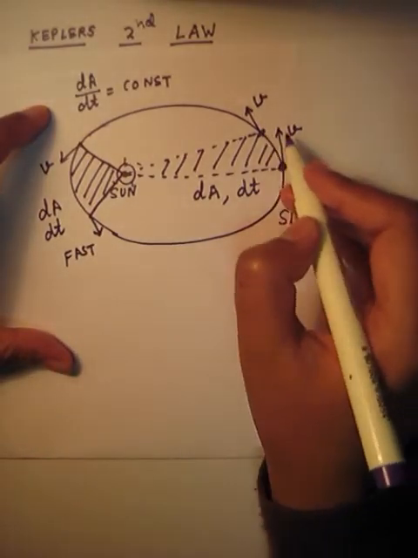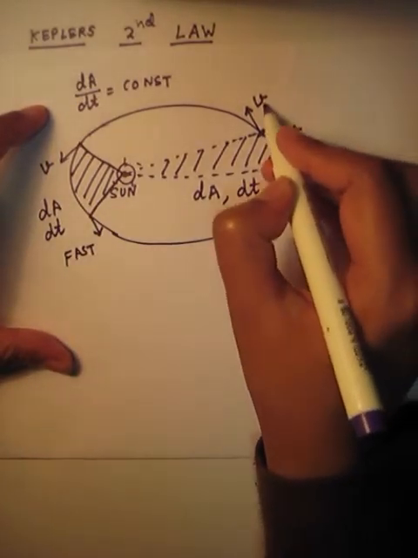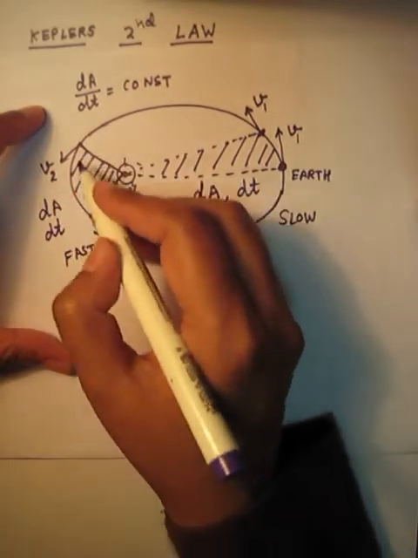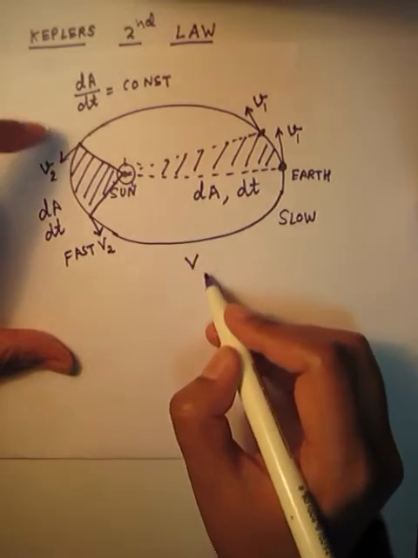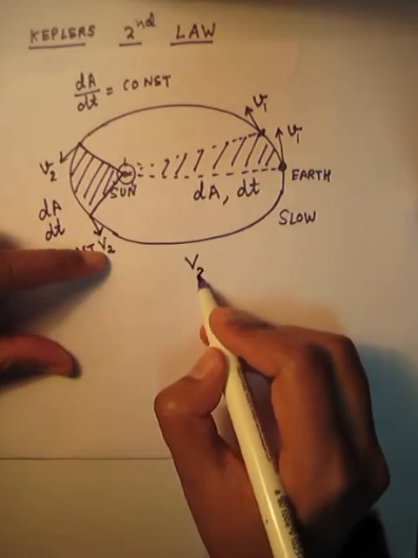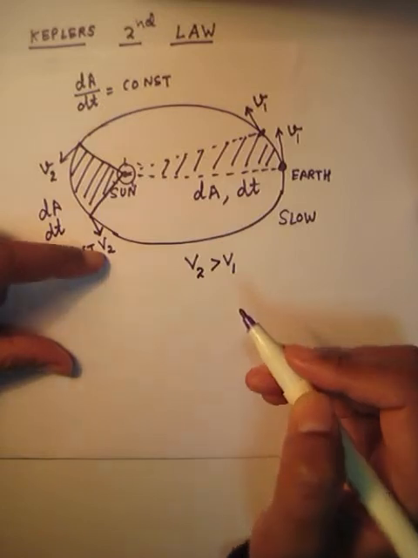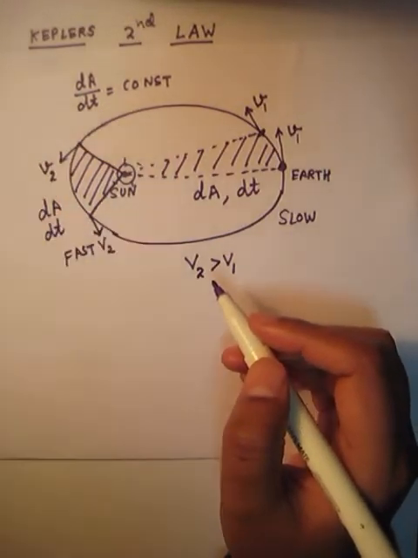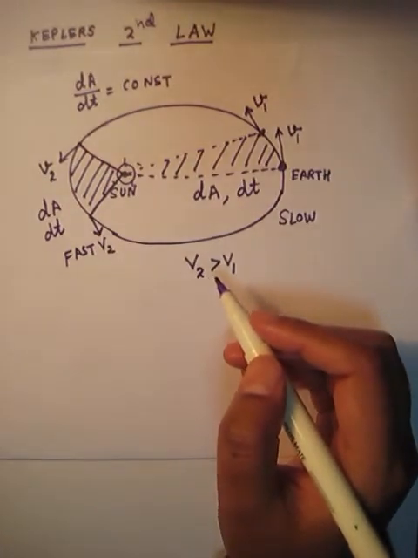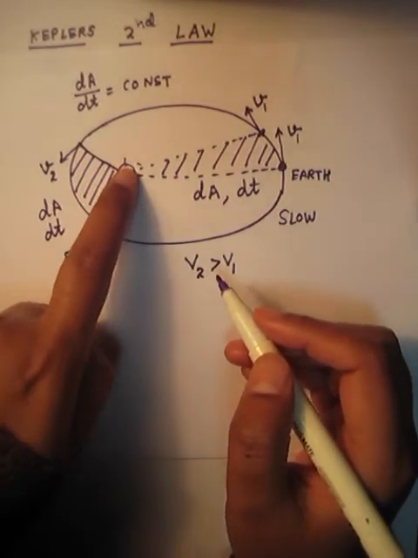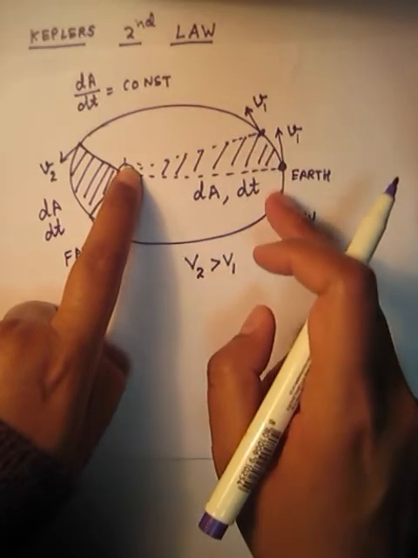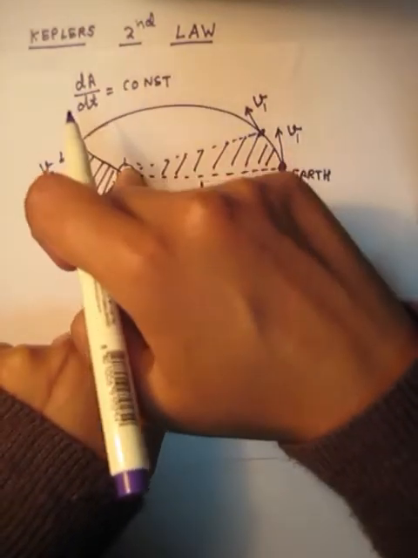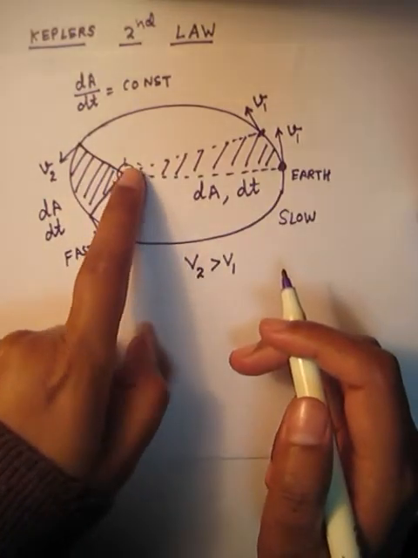If the velocity is v1 at this point and v2 on this side, then v2 should be greater than v1. Only then can we have dA upon dt equal to constant. So when Earth is traveling around the Sun, it travels slower when it is far away, and faster when it is near the Sun.